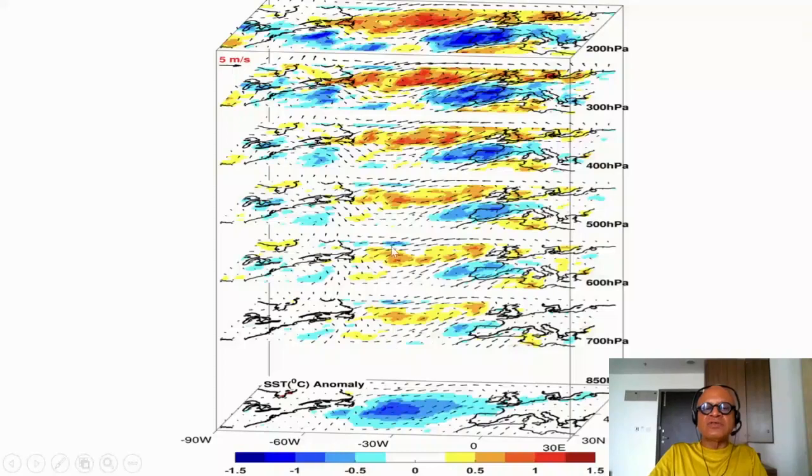And they argue that associated with that are these vorticity anomalies in the atmosphere going from 700 to 200. So you can also integrate the vorticity anomalies and look at the relation with the sea surface temperature anomalies. So there are cyclonic vorticity anomalies associated with the sea surface temperature, which is counterintuitive.